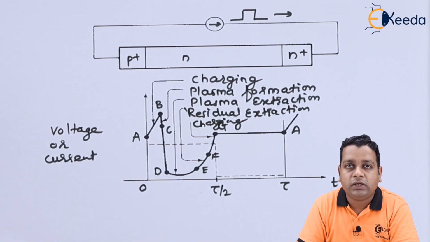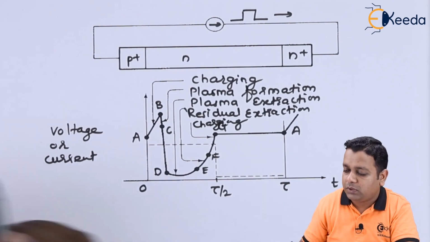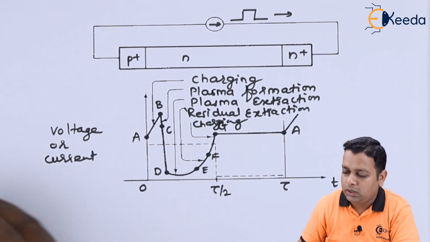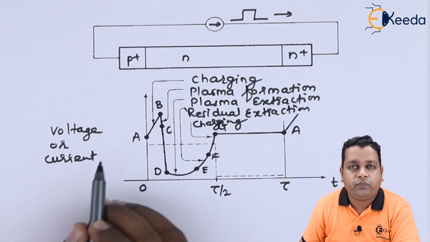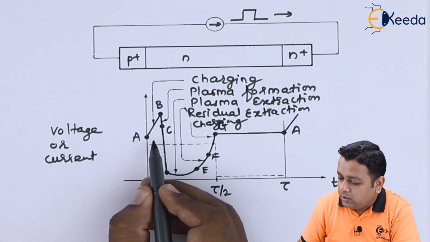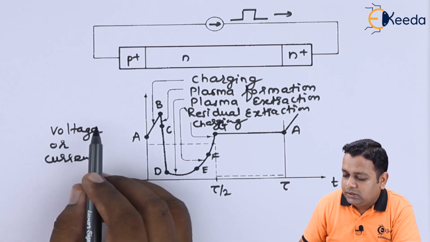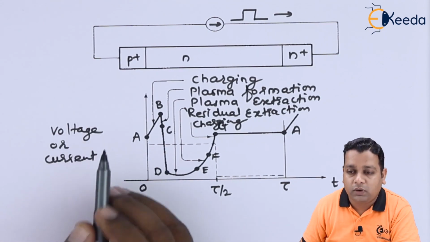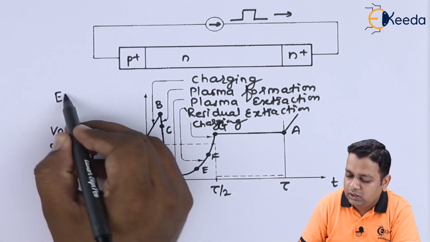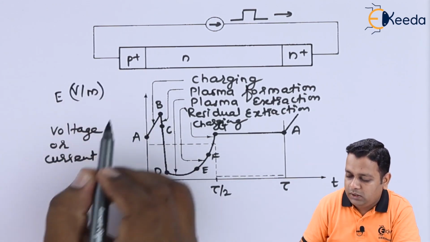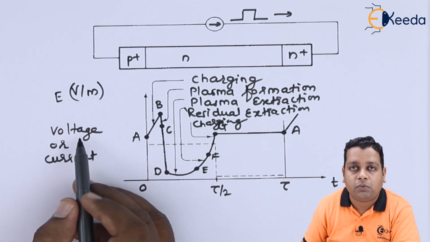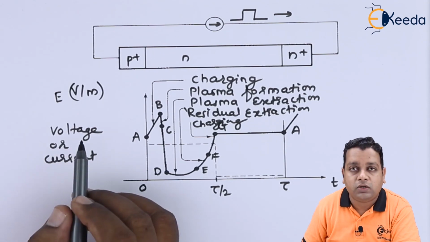Here we shall be detailing the discussion with respect to the operation of the TRAPATT diode. Now we start at point A. At point A, the electric field is represented in terms of voltage per meter. So electric field is generally represented as volts per meter. It will be directly proportional to the voltage or current you can take.